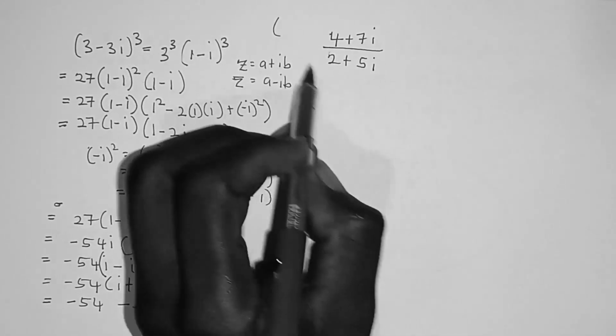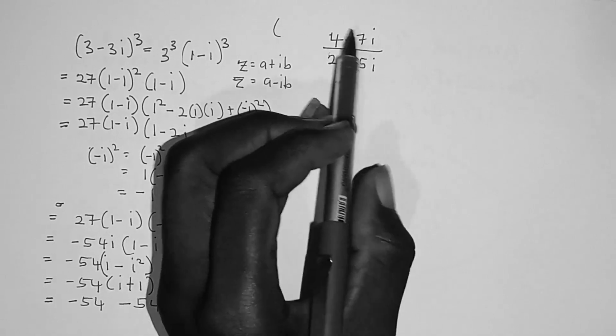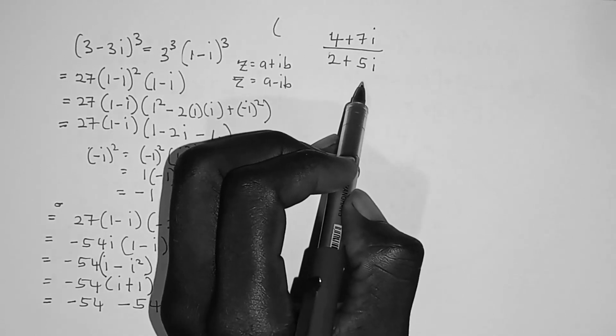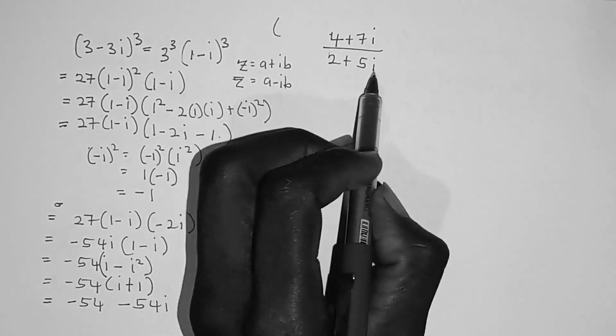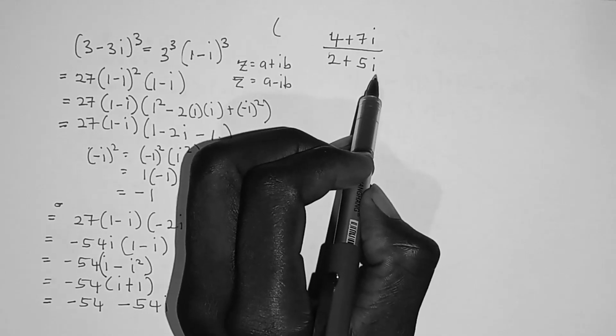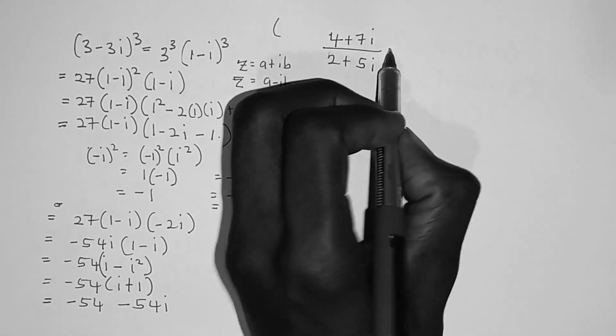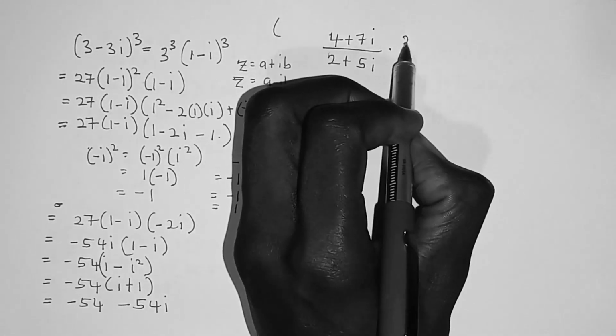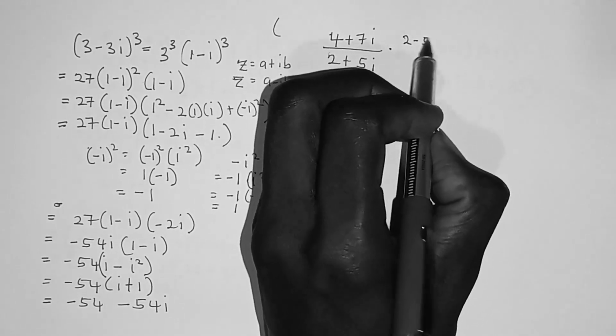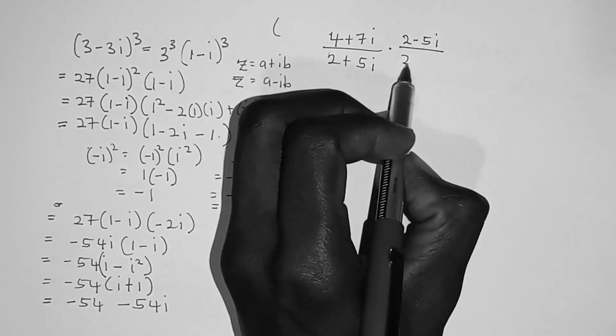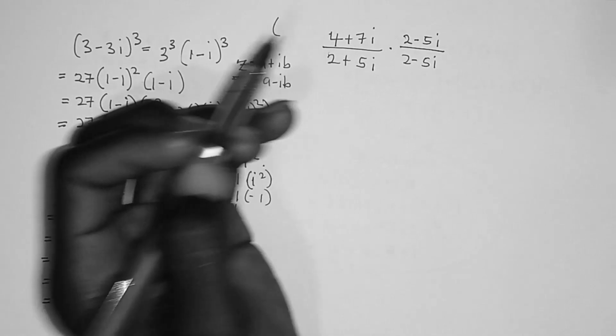So we need to find the conjugate of the denominator and multiply both the numerator and the denominator by the conjugate. In this case, the conjugate is 2 minus 5i. So we multiply this by 2 minus 5i divided by 2 minus 5i.